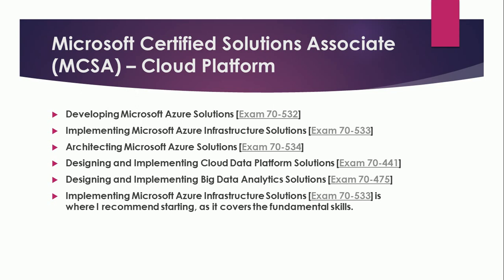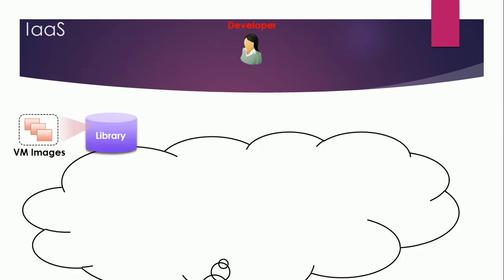So this is a basic introduction to this particular infrastructure solution. If we go through this, it'll be easy for us to learn 70532 and the different certifications. So let's look at the simple workflow of what we are going to do on the Azure portal. They have VM images where the applications are pre-installed on those VMs.